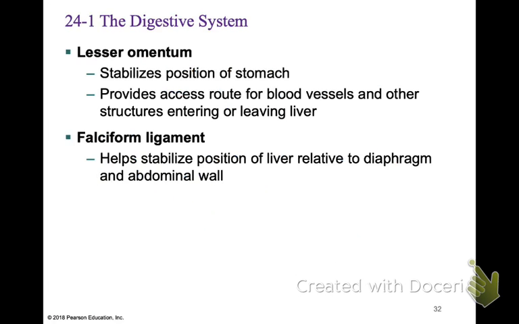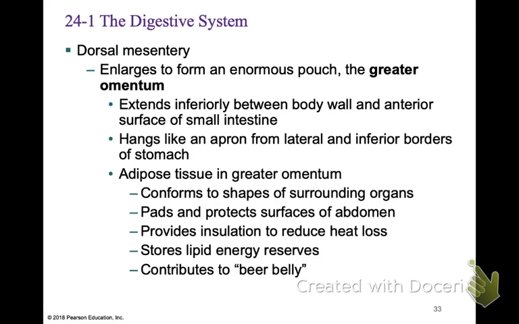So the lesser omentum connects the stomach and the first part of the small intestine to the liver. The falciform ligament connects the liver to the diaphragm and also helps divide the liver into its lobes. The greater omentum covers extensively the anterior surface of the guts.